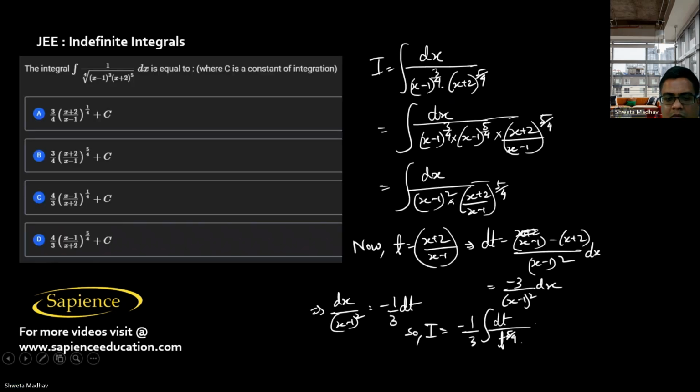So therefore the integral I is minus 1 by 3 integral dt into t power minus 5 by 4. So this is minus 1 by 3 into t power minus 5 by 4 plus 1 by minus 5 by 4 plus 1, plus c obviously.